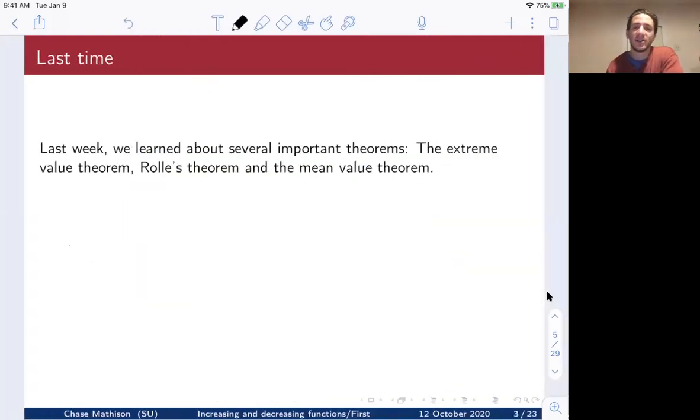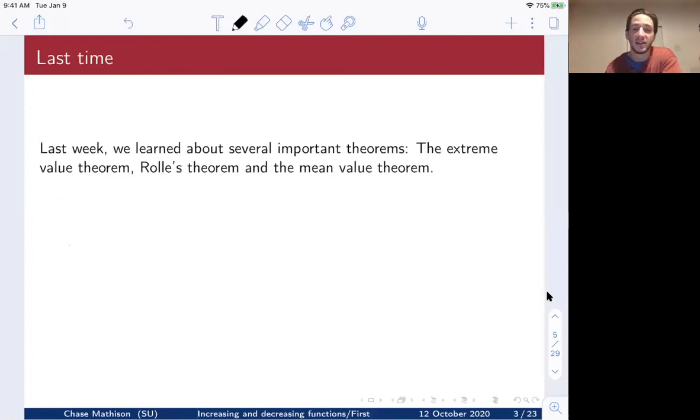So last week we learned about several important theorems, including the extreme value theorem. I guess was that 2 weeks ago? We learned the extreme value theorem, which lets us find the absolute maxima and minima of a function on a closed interval. We learned about Rolle's theorem and the mean value theorem.